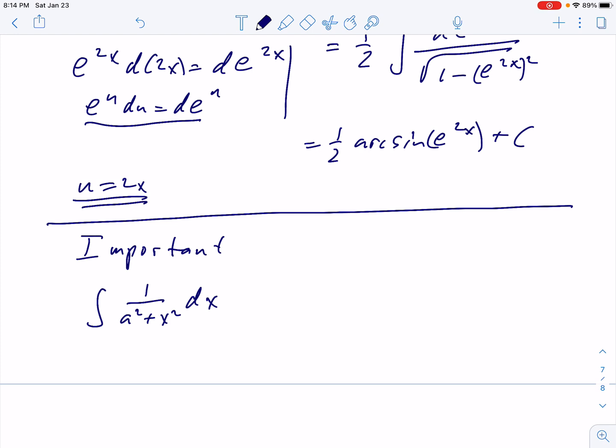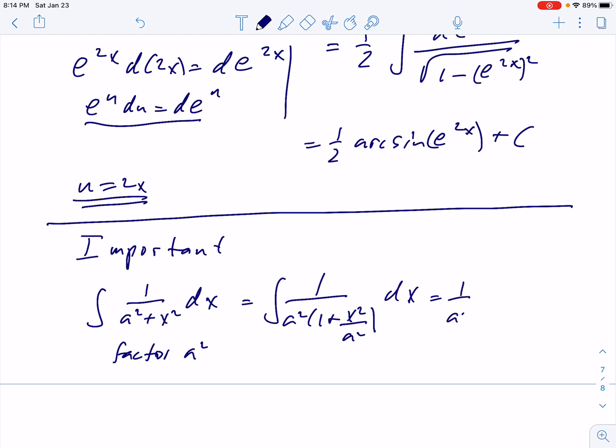I can make simple plastic surgery and make it look like arctangent. Factor a squared. So I write it this way here: a squared 1 plus x squared over a squared dx. And this can be written 1 over a squared integral 1 over 1 plus x over a all this squared dx.